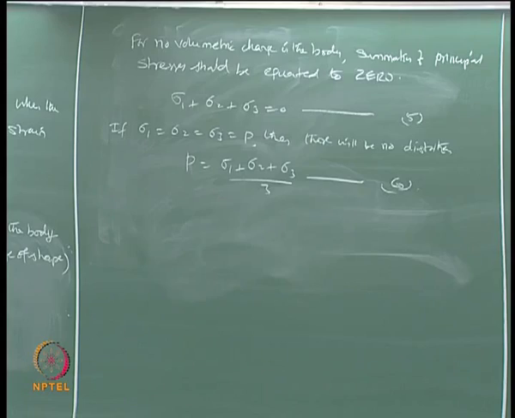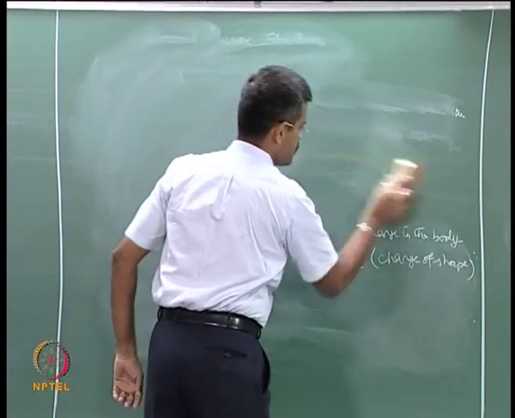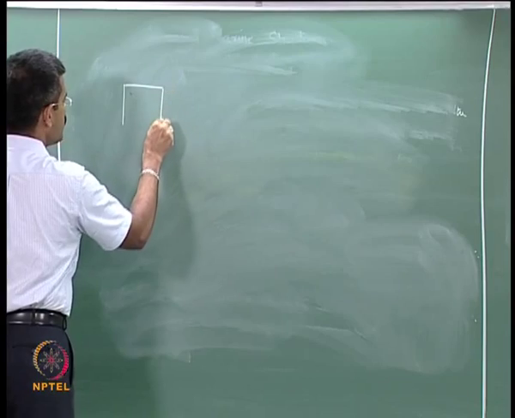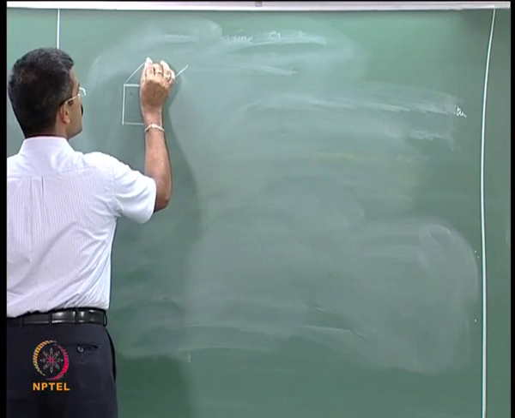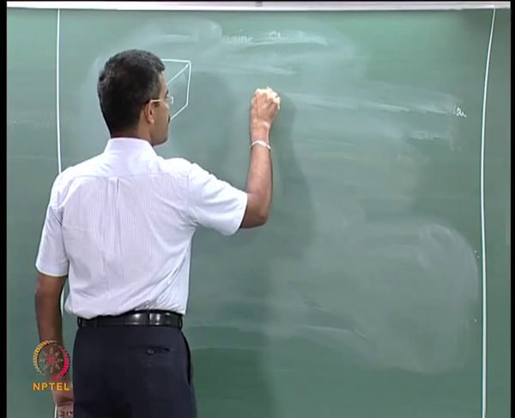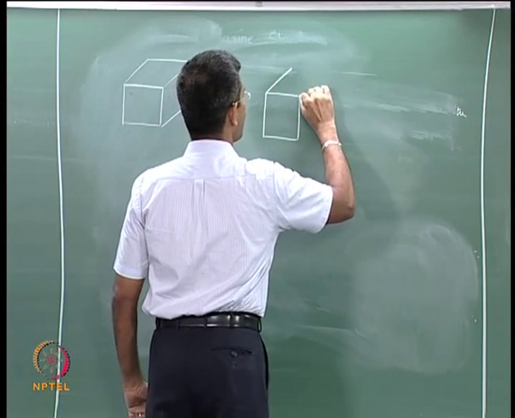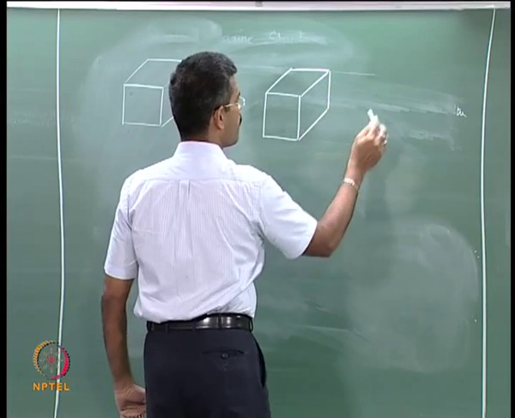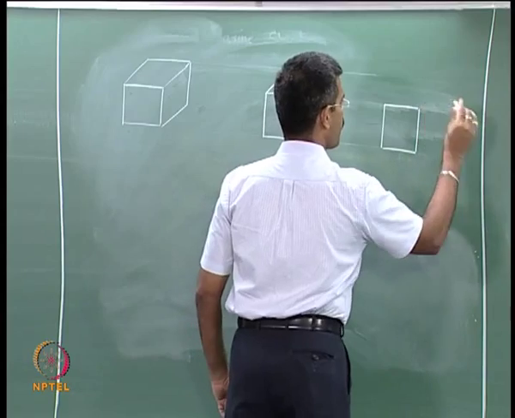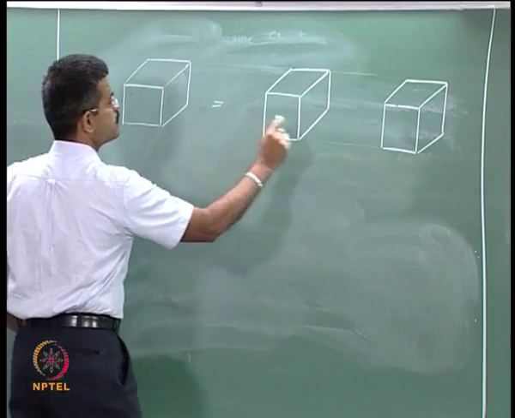If P is set as an average of this, it means we can schematically express this, let us say, as equal to a summation of two things.